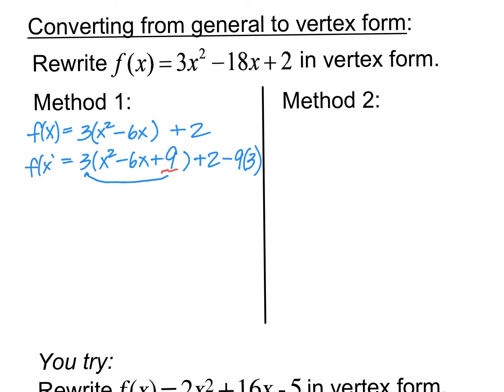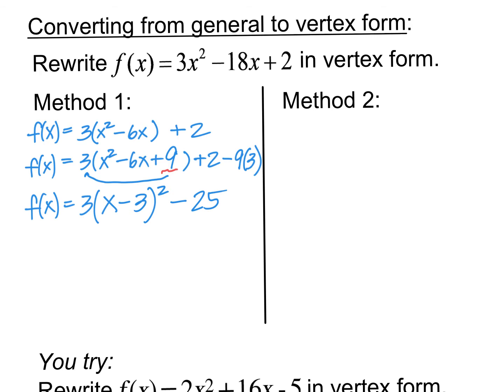Now, this perfect square trinomial, x squared minus 6x plus 9, can be factored into x minus 3 squared. In fact, that's why we completed the square, so that we can have this x minus 3 squared. Then 2 minus 27 is minus 25. And there it is. So that's method number 1 in rewriting it in vertex form.